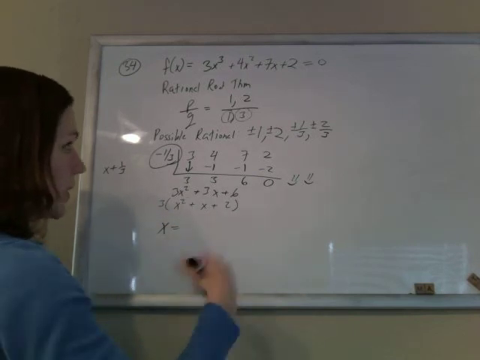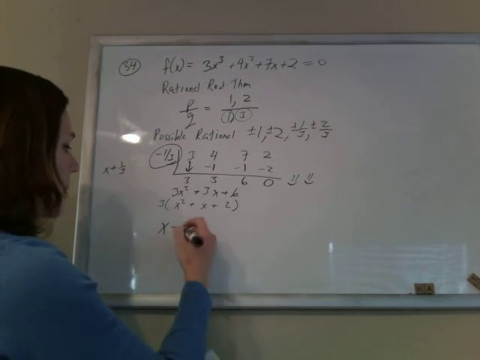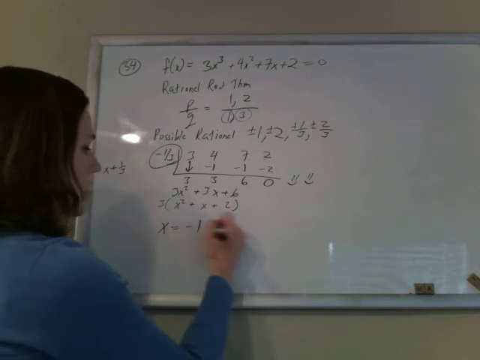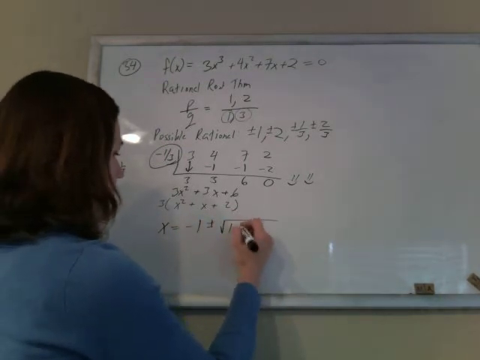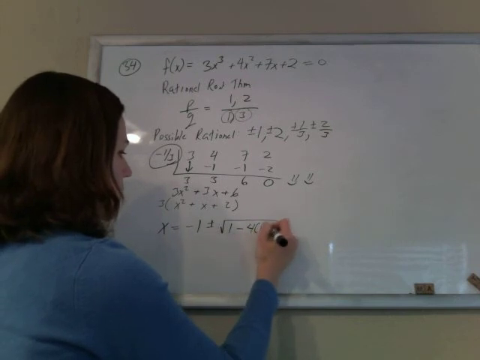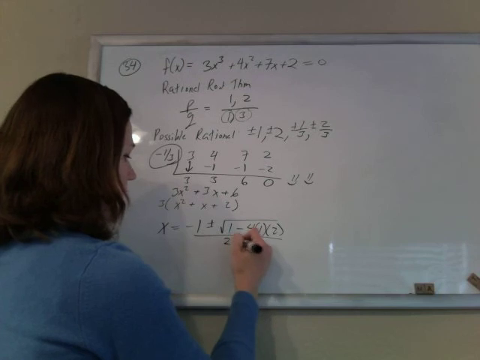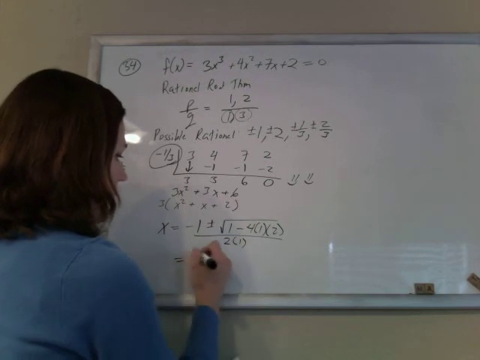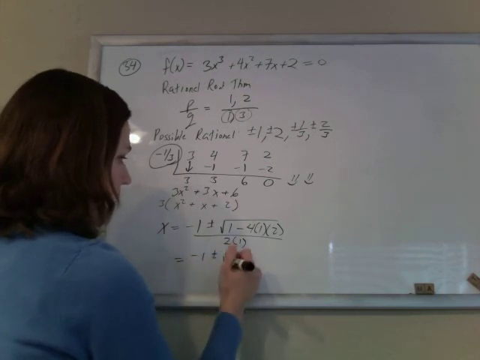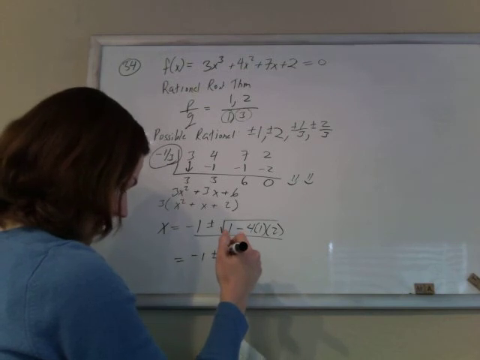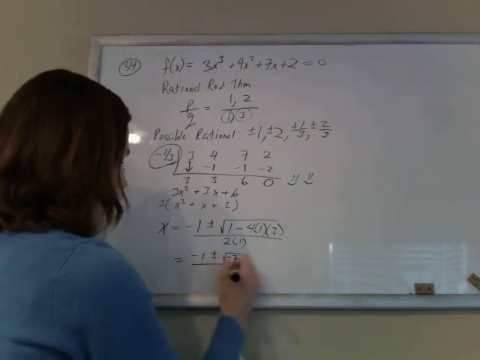So that's okay. Like I said, I can use the quadratic formula. So I have negative b plus or minus square root, blah, blah, blah. So it's going to be negative 1 plus or minus the square root of 1 minus 4 times 1 times 2, all over 2 times 1. So negative 1 plus or minus the square root of negative 7 over 2.